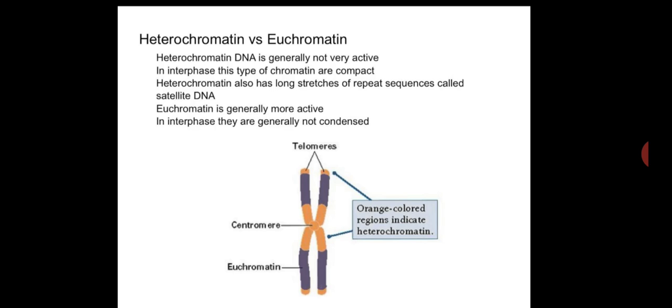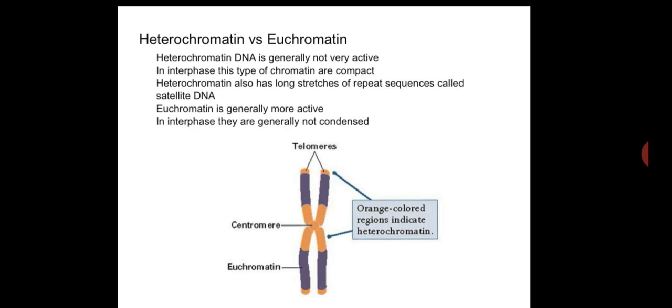For example, how can we identify it? When we stain two homologous chromosomes, they take dark staining in the same regions. The two homologous chromosomes take dark staining, meaning they are highly condensed, highly stained areas at the same regions.